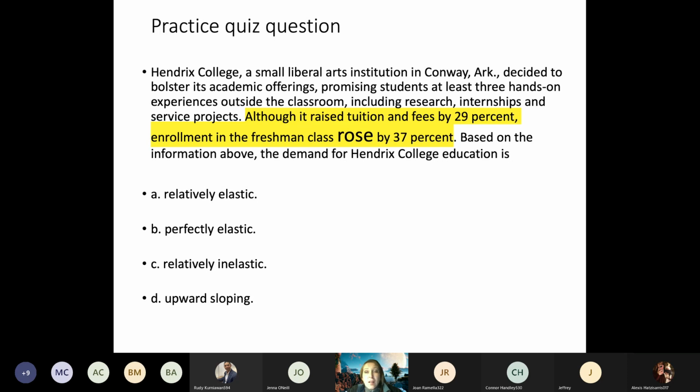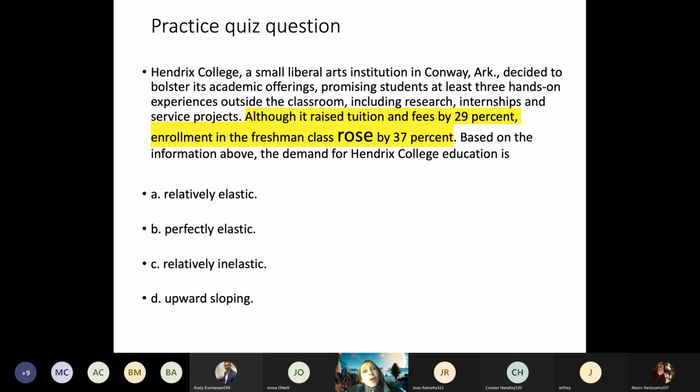The tough part here is that the numbers at first sight suggest that maybe demand is price sensitive, because the percent change in quantity is 37 and the percent change in price is 29. And so it's tempting to say, oh, this demand is elastic.